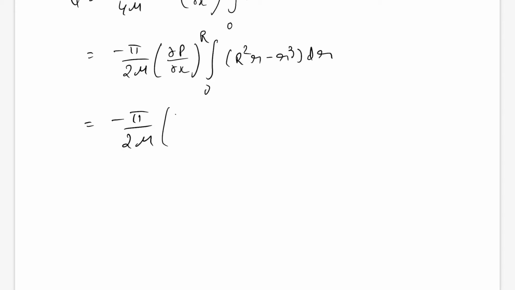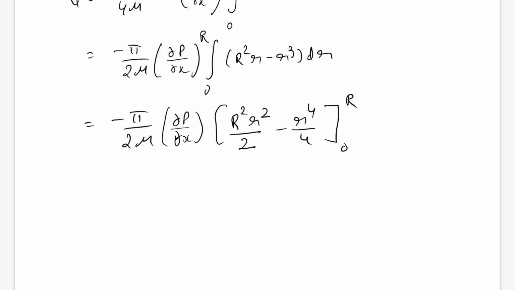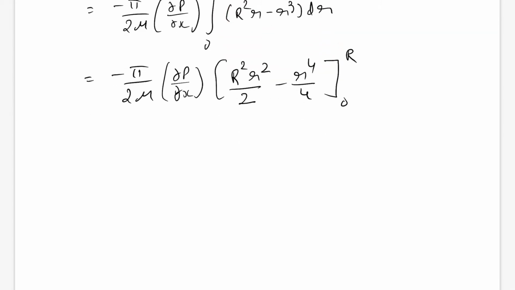Minus pi by 2 mu into dou p by dou x into capital R square into r square by 2 minus r power 4 by 4. This is the integration of this particular expression. When we integrate, we'll get this. We'll now apply the limits. Once we apply 0, the whole expression will be 0, so we're not going to bother about that.